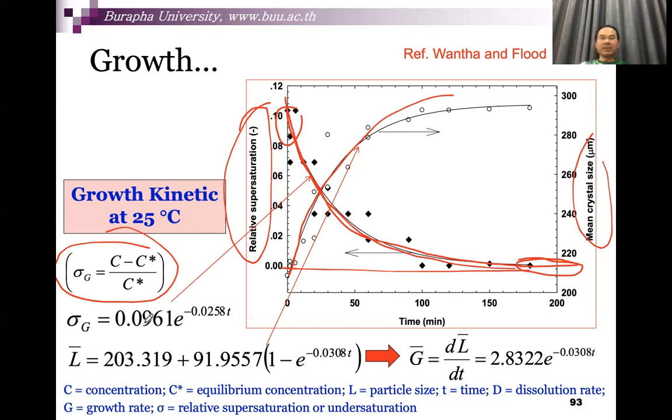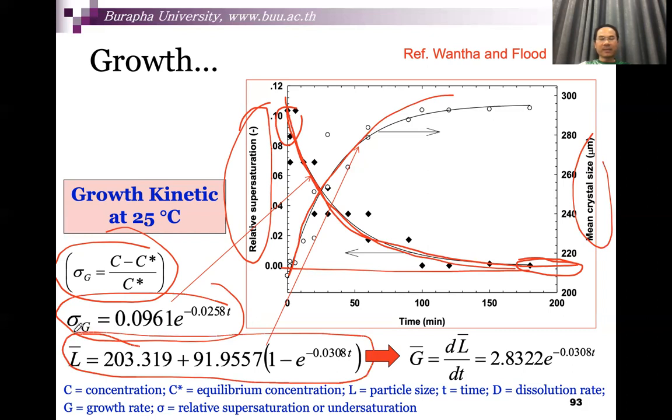Okay, for this case, you know the equation for sigma as a function of time, and the equation for linear size, average size, with respect to time. And then you can calculate G, or average G. Average growth rate is dL by dt. You differentiate this equation by dt, you get this. This is the growth rate with respect to time.